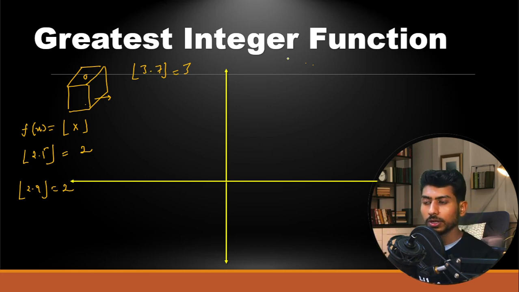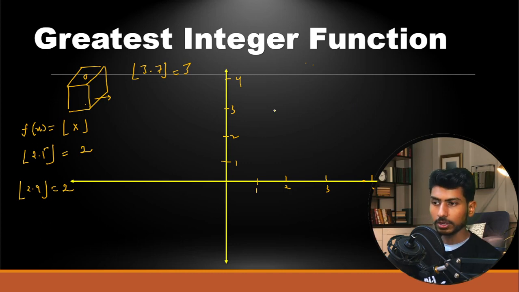So if I make an interval here, 1 2 3 4 5, and I take 3.7 here, so 1 2 and 3 and 4. The value should go to 3.7, but it will bring you back to 3.